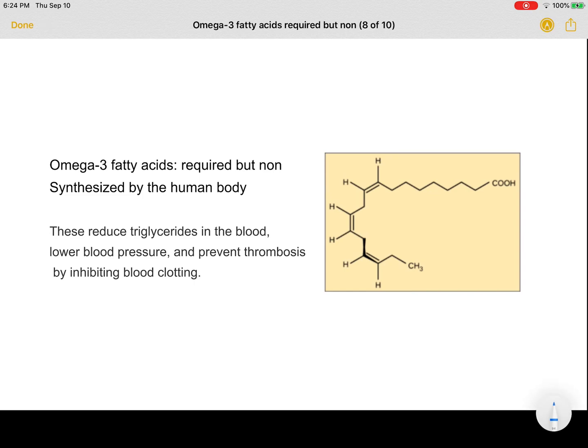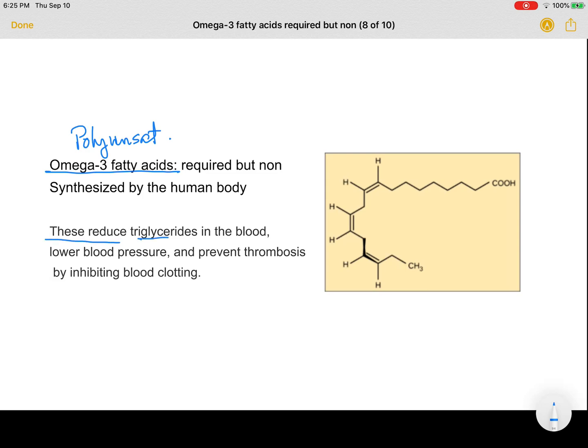All right. So you'll notice they simplify this. You don't see all the carbons and all the bends, but this would be your polyunsaturated. And it has multiple bends in it. And this is an omega-3 fatty acid. And what's really great about these are the fats that actually reduce the bad fats in your blood.